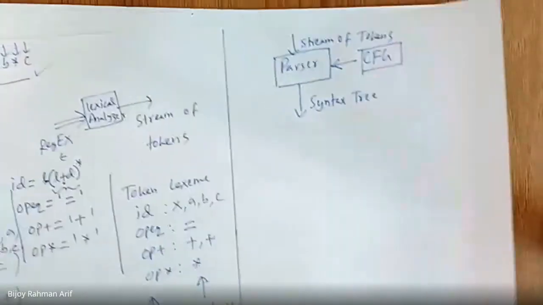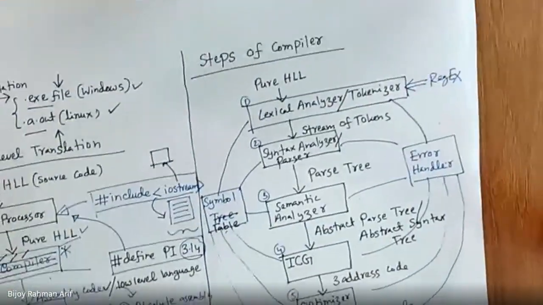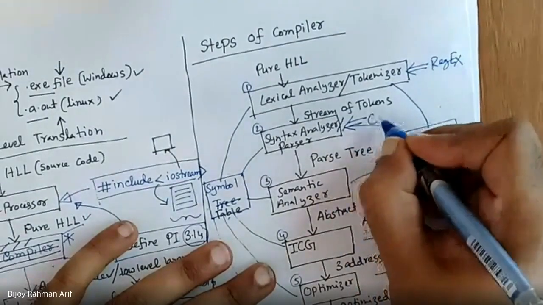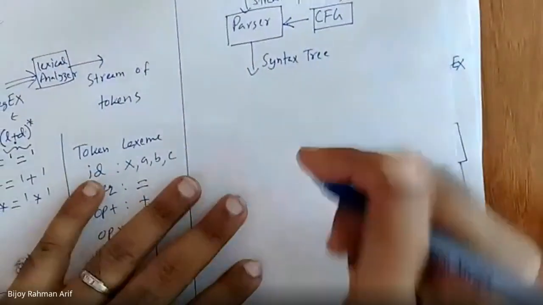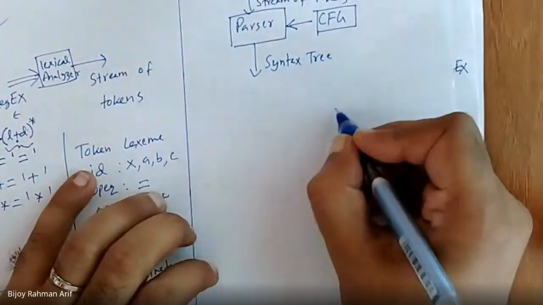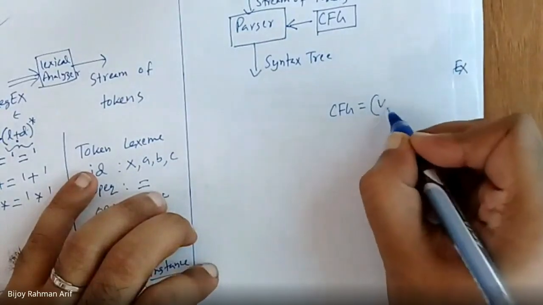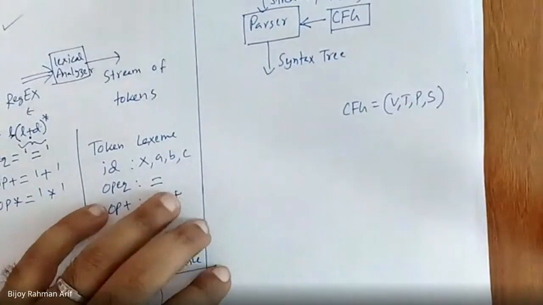So what is context free grammar? We are going to deal with context free grammar in much more detail, don't worry. But we already know a little bit about it. CFG is nothing but it has a quadruple, V, T, P, S: variables, terminals, productions, and start symbol.